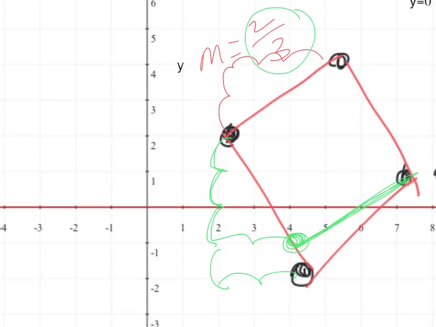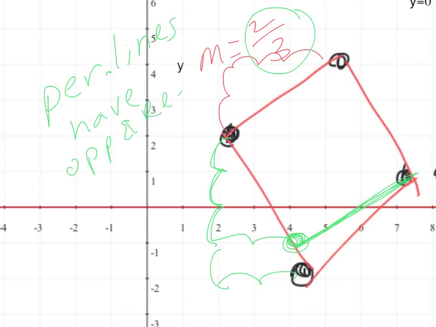Okay? And that would have been perpendicular. So perpendicular slopes. Okay, you can write that down in nice, neat notes. Perpendicular lines have opposite and reciprocal slopes. Okay, sorry about my notes.